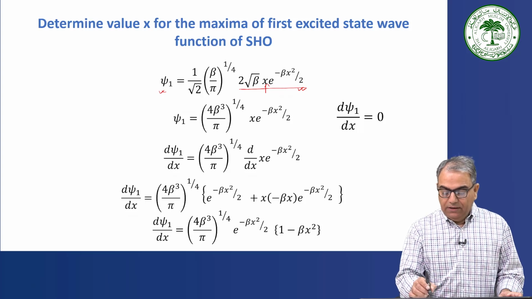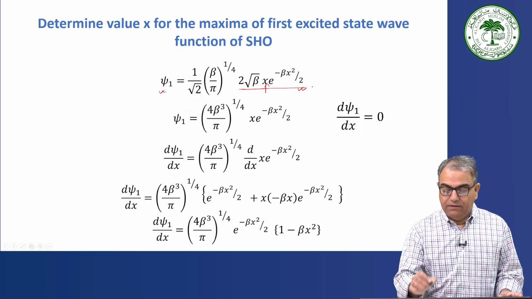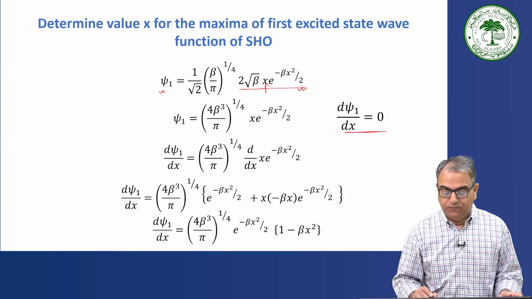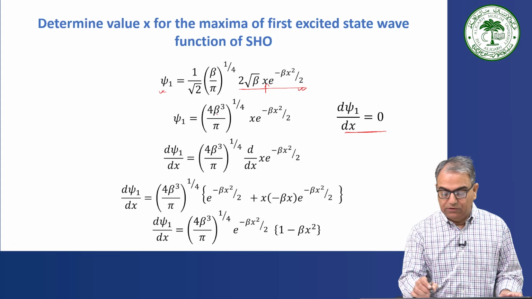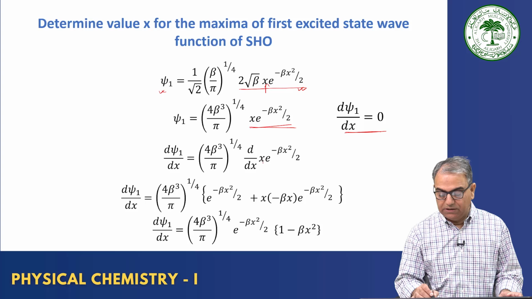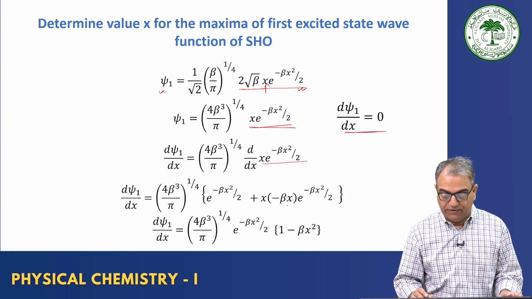Whatever it is, if you have to find the maxima of this function, you have to differentiate psi 1 with respect to x. Here x is the only variable, so d/dx of x exponential minus beta x squared divided by 2 has to be found.